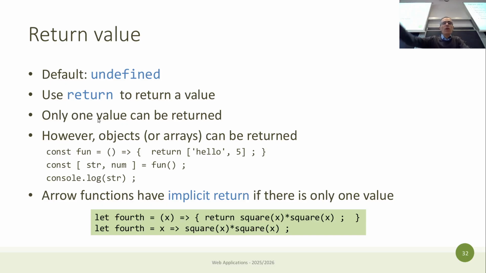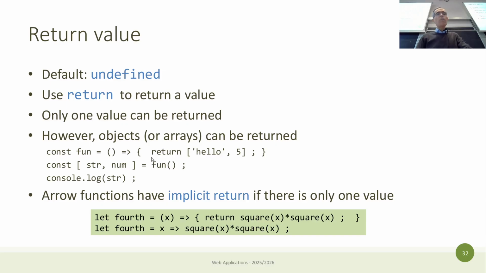But, only one value can be returned, but since JavaScript is so flexible, you can return anything. You can return an array, you can return an object, you can even return a function, or a mix of this, in addition to numbers, strings, Booleans, the traditional basic types. And so it's perfectly fine to do that.